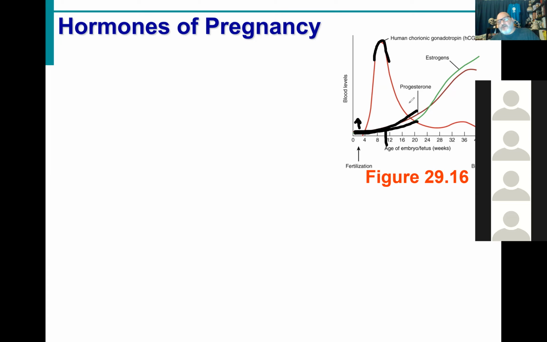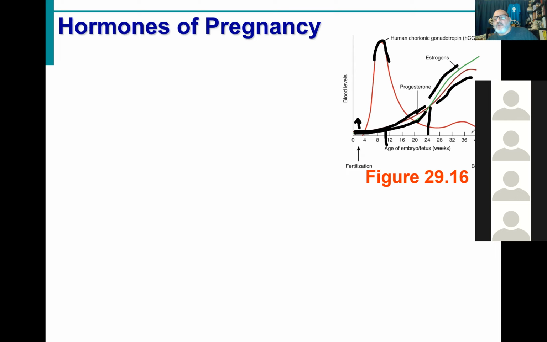As the placenta grows and gets bigger, the hormones grow and get bigger as well. However, notice something interesting happens around week 24. Up to this point in time, progesterone has been the higher level of hormones, but now it's still going up. But notice estrogen is now going up even more.